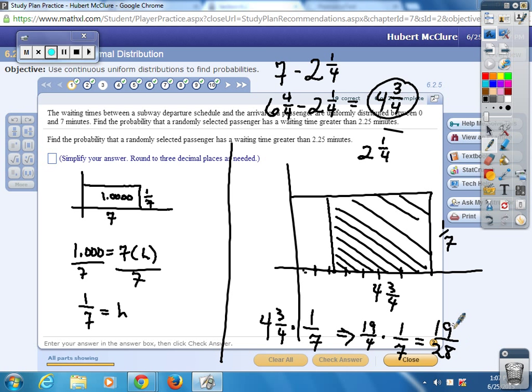If you take 1 off of here, that'd be 18 over 28, and let's see if we could simplify that. That'd be 9 over 14. You're getting 0.67. Is that what you got? Yeah, it can be taken down to 2/3 if you think about it.